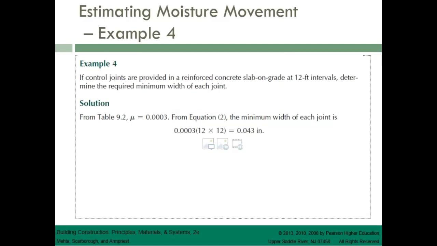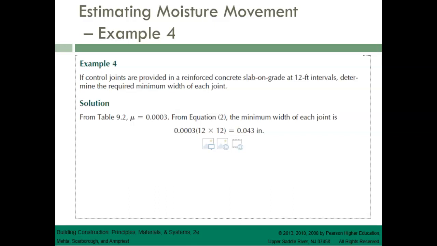Let's take a look at a slab on grade. If control joints are provided in a reinforced concrete slab on grade at 12-foot intervals, determine the required width of each joint. So from table 9.2, U is equal to 0.0003.